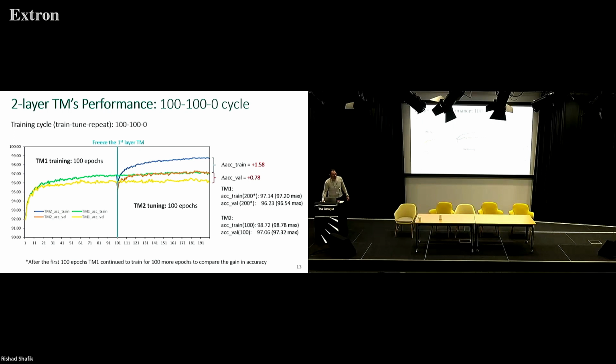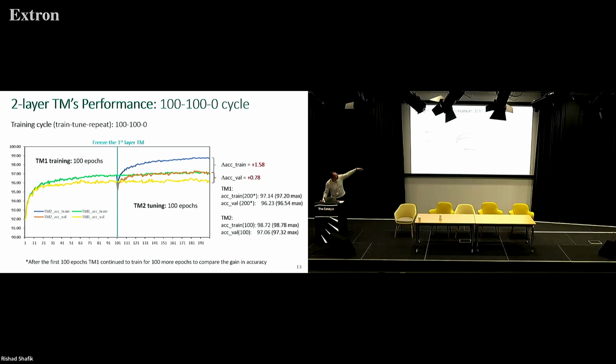And here you can see the burst in accuracy. So again, for the first 100 epochs we train the first layer. Then we freeze the first TM, then start to tune the second TM. And then you can see the burst in both the training and the validation accuracy.